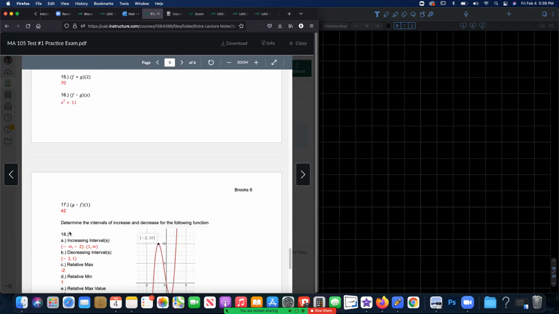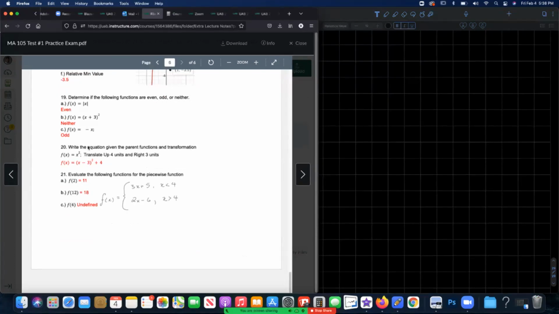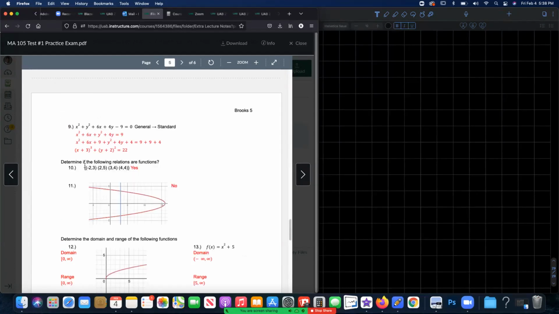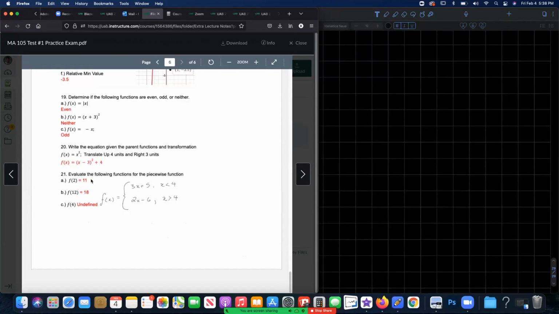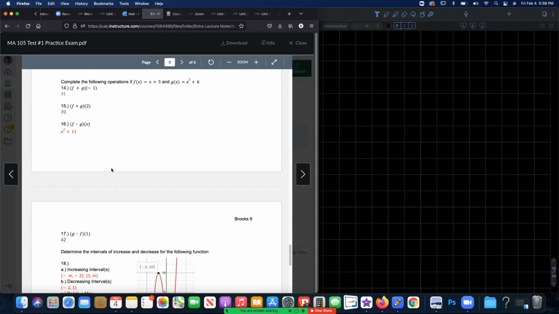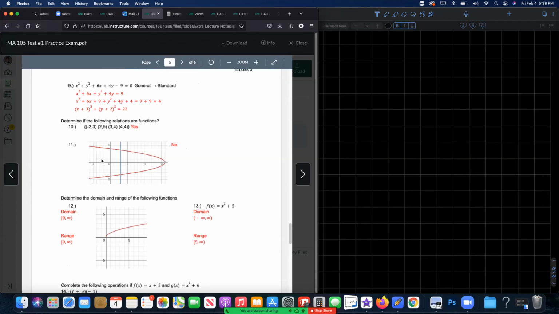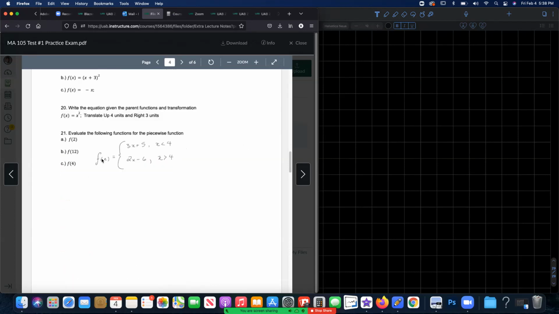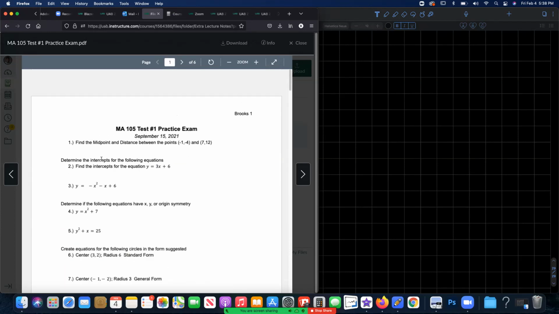The last two types of problems you won't see: you won't see any piecewise functions. And as far as translating, you probably won't see much of that for real. The answers are at the end, and if you want more practice, you definitely can use this.